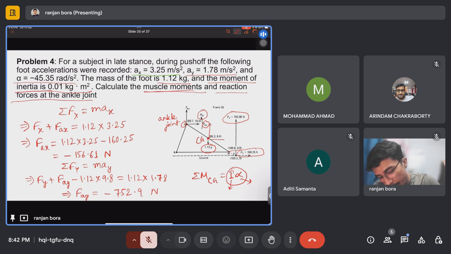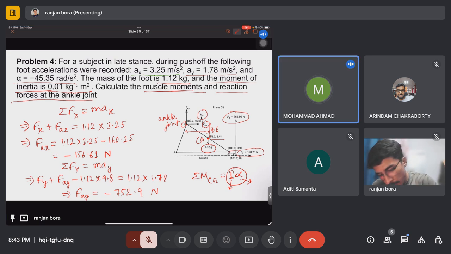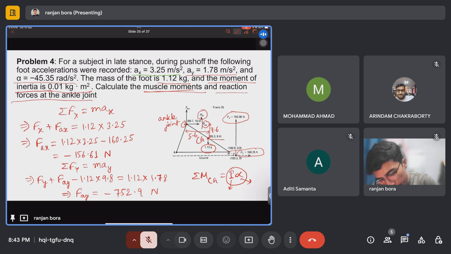This distance will be, I think, 7.6, this distance will be 5.6, and this distance 4.6.